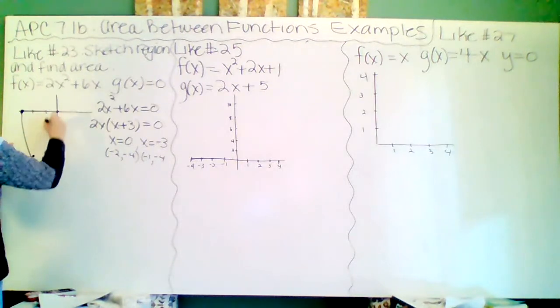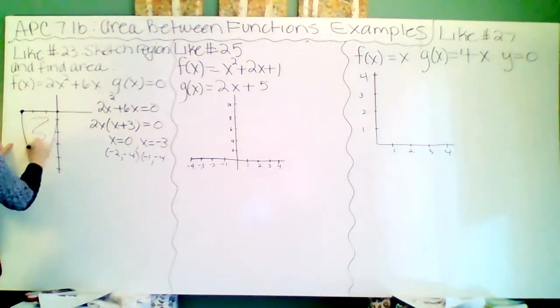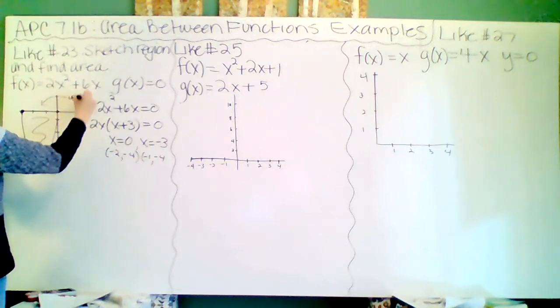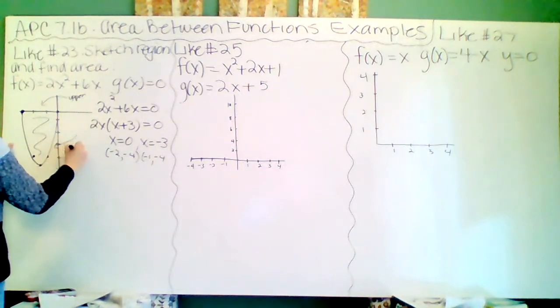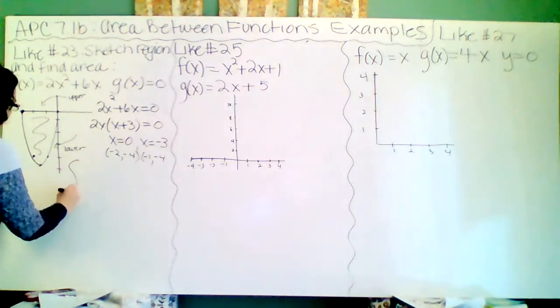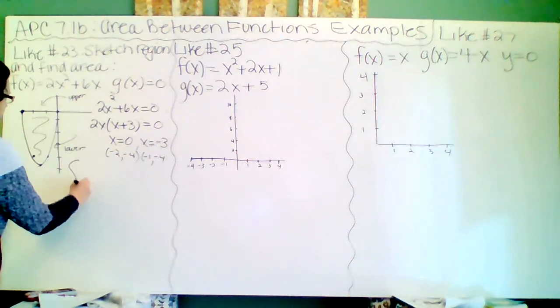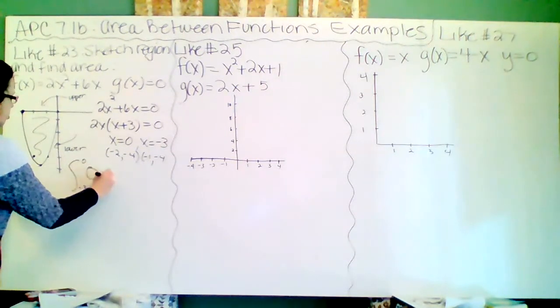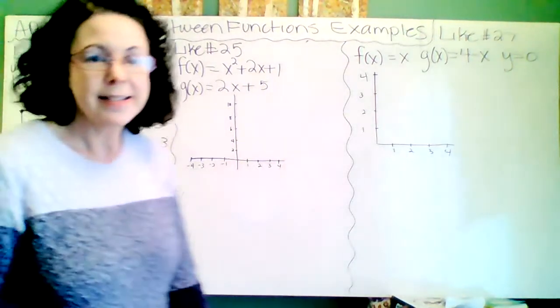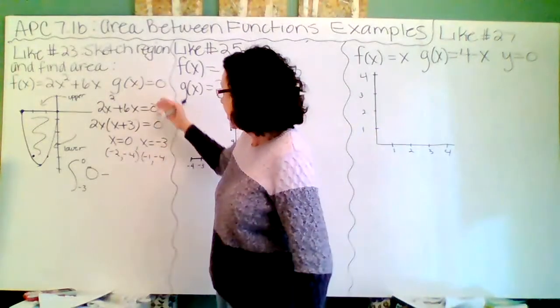So here's the area. The upper function is the x-axis and the lower function is the parabola. So when I integrate, because I do upper function, that x-axis is listed as a function, it counts.